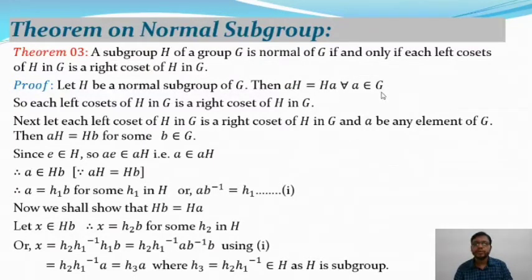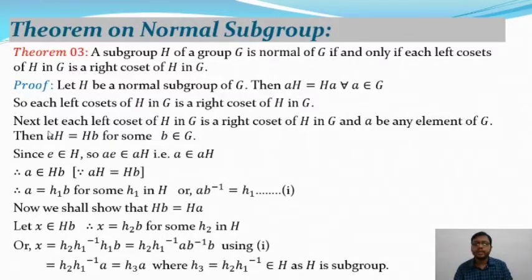So each left coset of H in G is a right coset of H in G. From the definition of normal subgroup, we can easily conclude that left coset and right coset are both equal. That means each left coset of H in G is equal to a right coset of H in G.